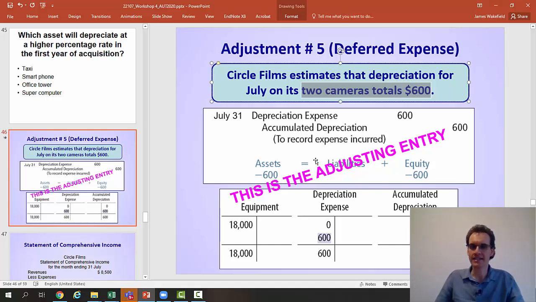So all we do in this case is we record and debit depreciation expense of $600 and accumulated depreciation of $600. Now, some of you, or most of you, will have no issues understanding why we debit depreciation expense, because we've used up the asset and therefore you need to report that expense in the income statement.